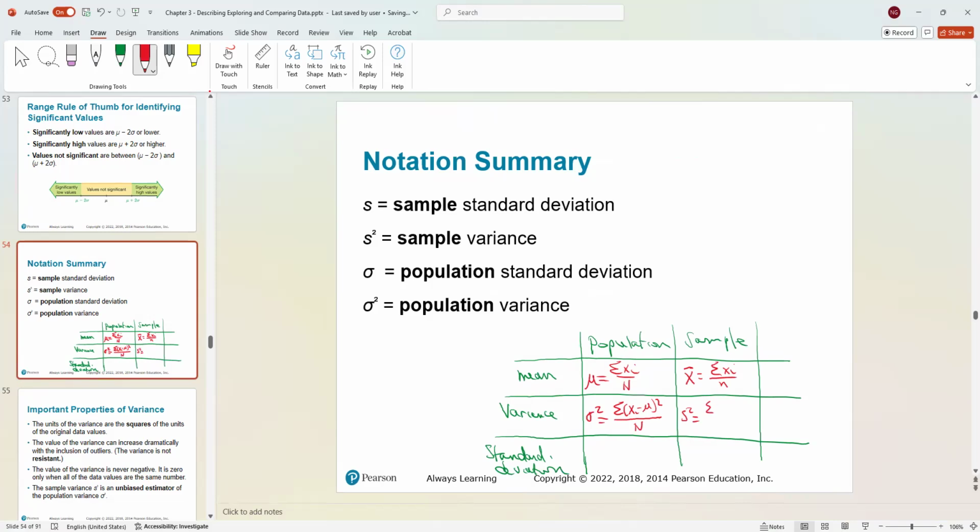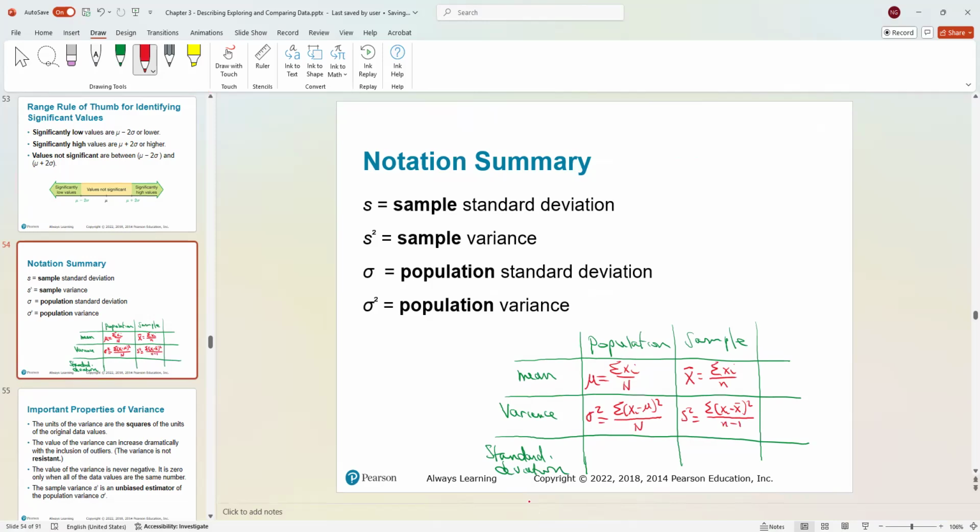You do the same: subtract your sample mean from each data value in the data set, raise it to power 2, add them all up, and divide by N minus 1. You need to remember it's N minus 1.